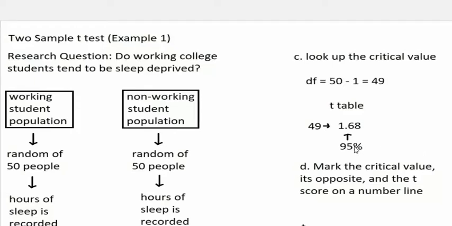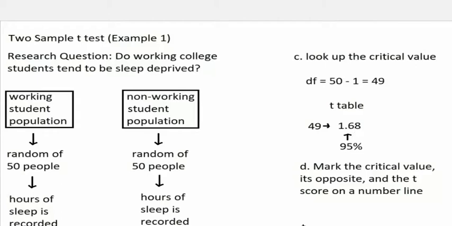So we'll go to 95% on the bottom. Go to where 95% and your df meet up, and you'll get your critical value. And in my problem, the critical value was 1.68.